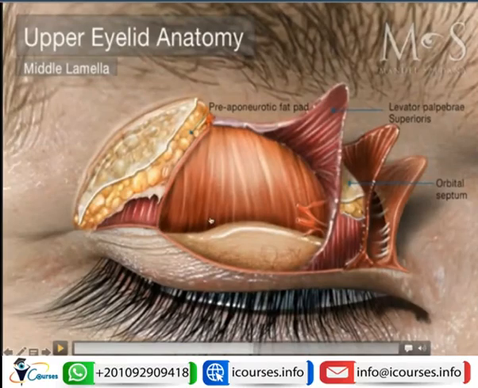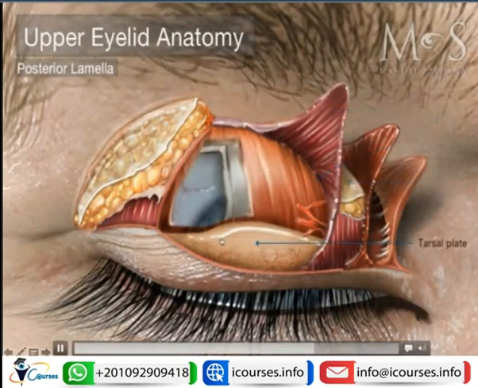Underneath the levator palpebrae superioris is the Müller muscle, or the superior tarsal muscle. It arises from the undersurface of the levator to attach into the superior border of the tarsus. And we can see here the tarsal plate, and beneath the tarsus is the conjunctiva, as it is adherent to the conjunctiva.